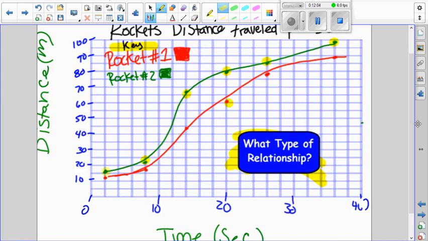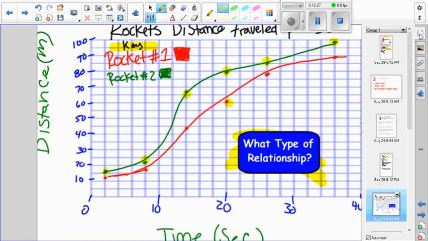If one goes up while the other goes down, that's indirect, and vice versa. So in this relationship, as time goes up, what does the distance do? It goes up. So this would be a direct relationship. You'll have a place to indicate that on your quiz where you'll probably just circle direct or indirect.